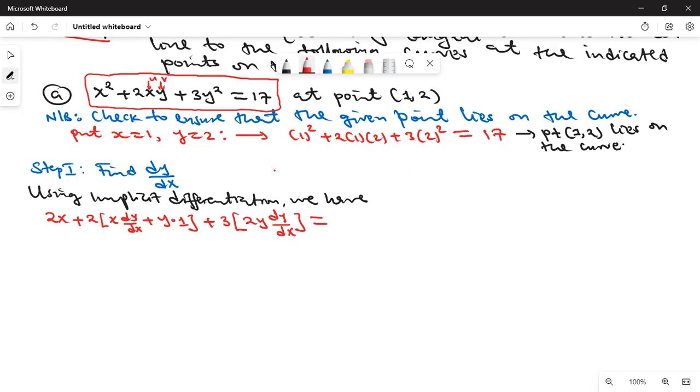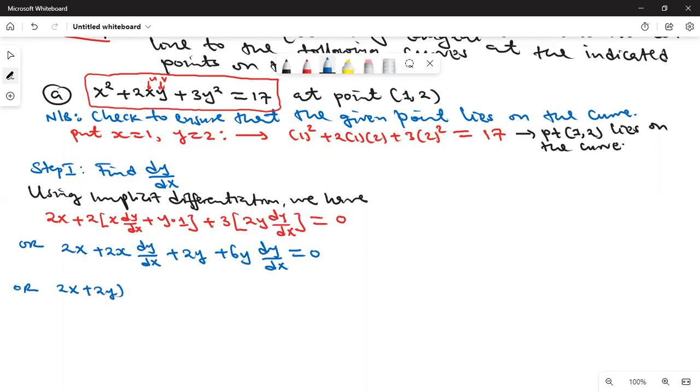is equal to the derivative of 17, which is 0 because 17 is a constant. This you can also write as 2x plus 2x dy/dx plus 2y plus 6y dy/dx. That should give us 0. And now I can collect the like terms. Here we have 2x plus 2y.